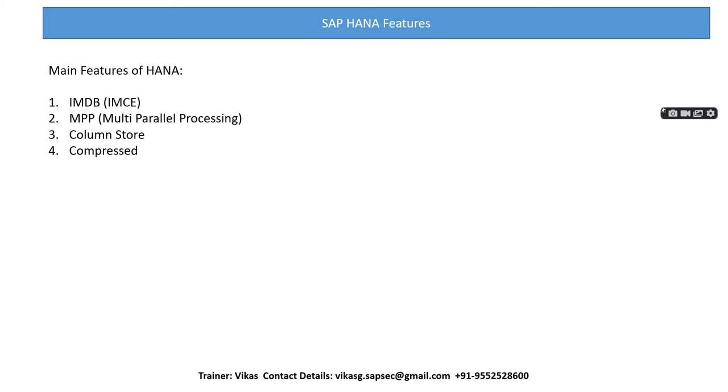Initially, once we do a new implementation for S4 HANA, the memory requirement is less, because people have not created sales orders or purchase orders, so they do not have much information. But later, every day big companies are creating 1,000 or 2,000 sales orders and purchase orders.